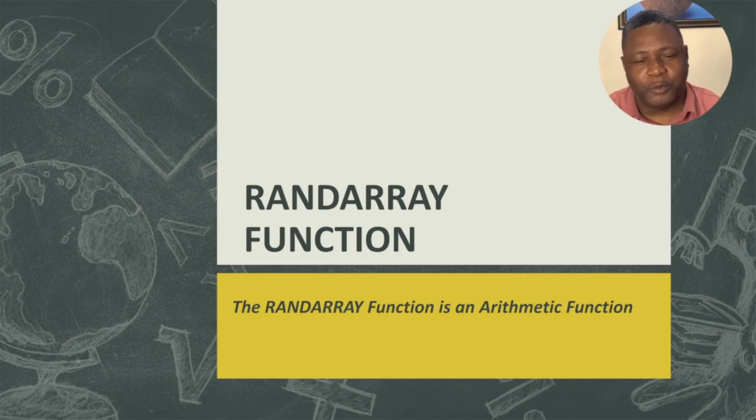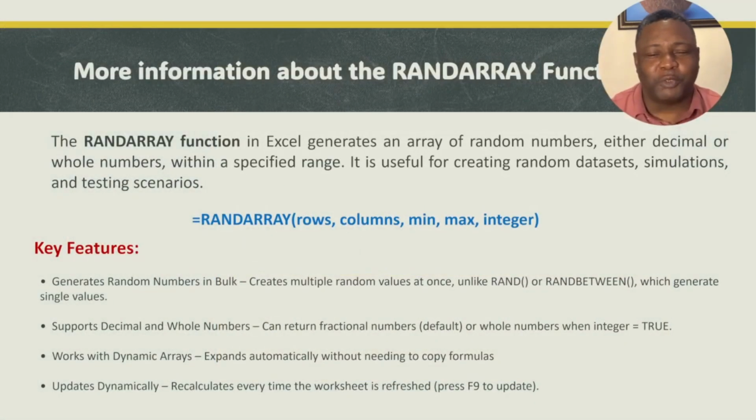The RANDARRAY function is also an arithmetic function, but the difference between this and the functions we have seen before is the fact that RANDARRAY takes columns and rows. In other words, it gives you your results in columns and rows. The previous one gives us a single value as a random generation.